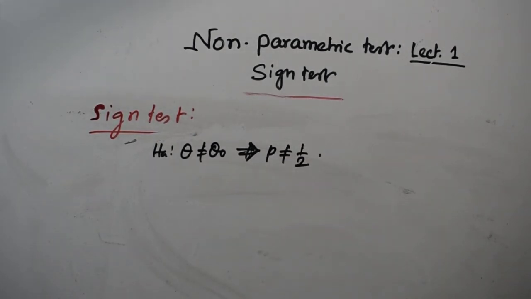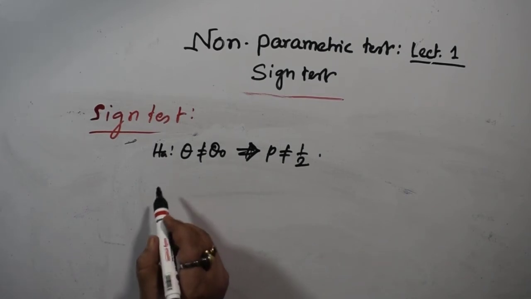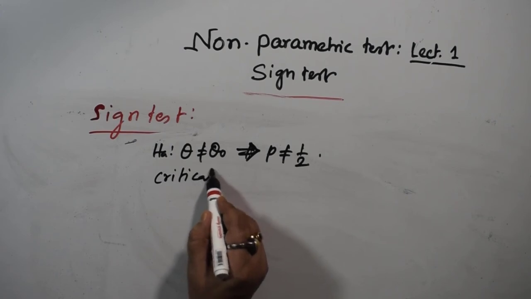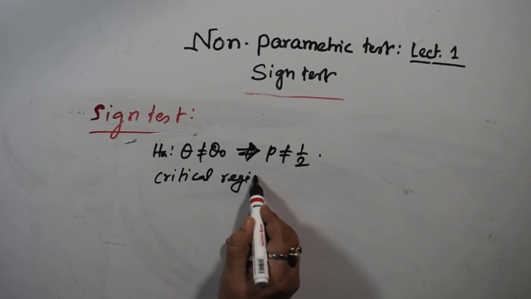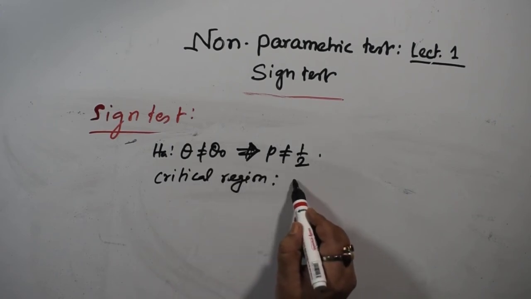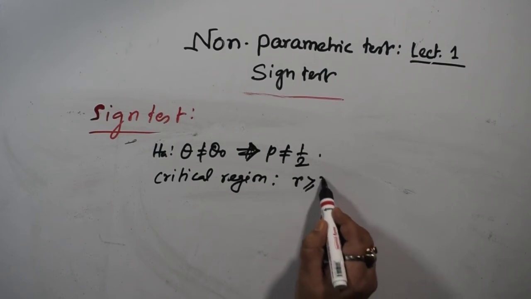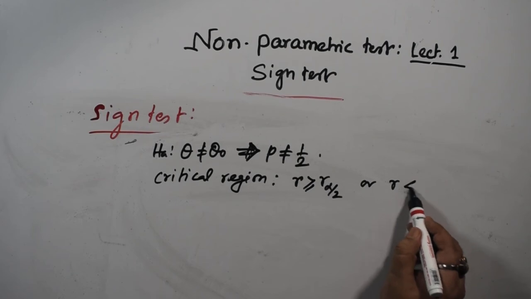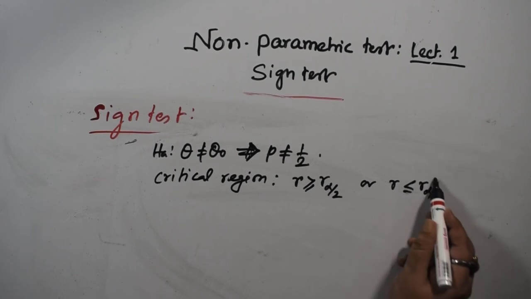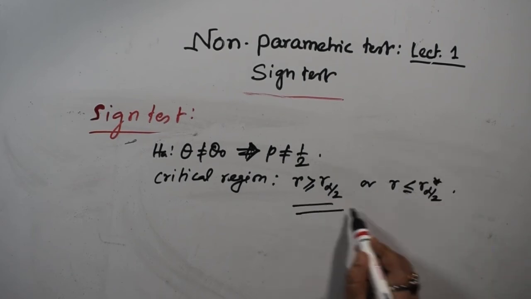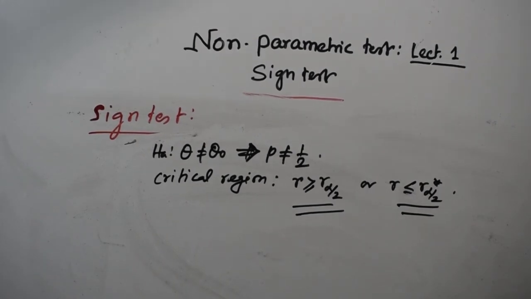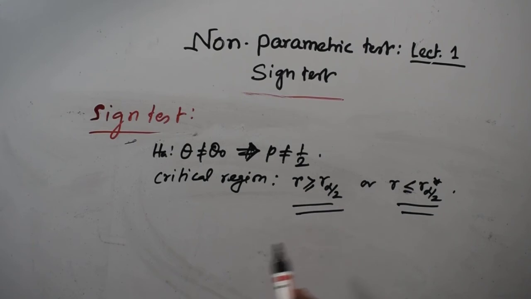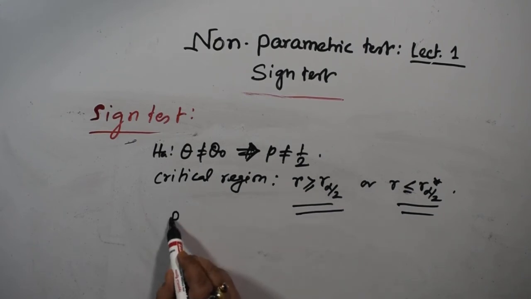In that case your critical region is either R greater than or equal to R alpha by 2, or R less than or equal to R alpha by 2 star.